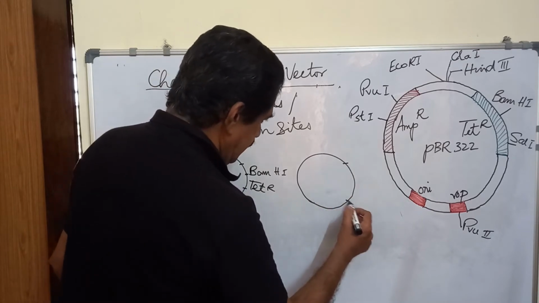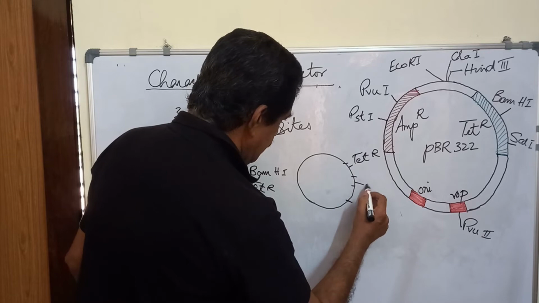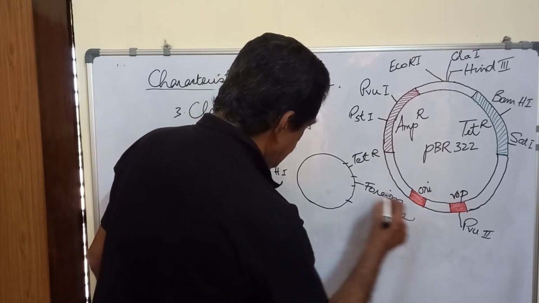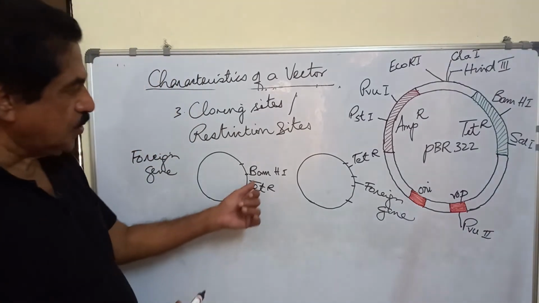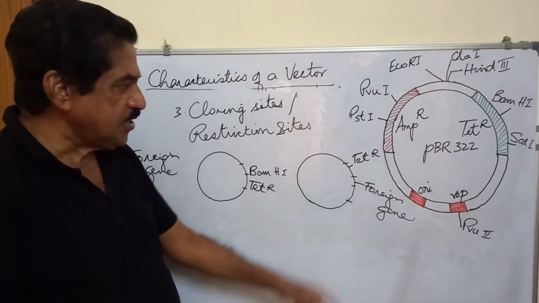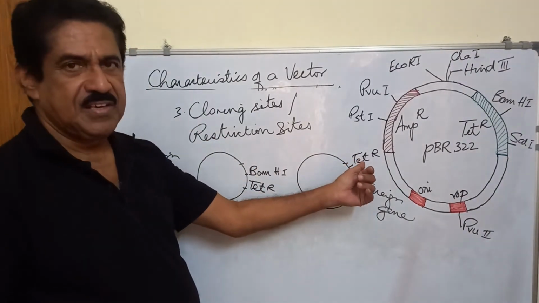This is the TetR gene, and this is the foreign gene, which is introduced by cutting with BamHI here. Once the foreign gene enters the plasmid, the TetR gene becomes inactive.